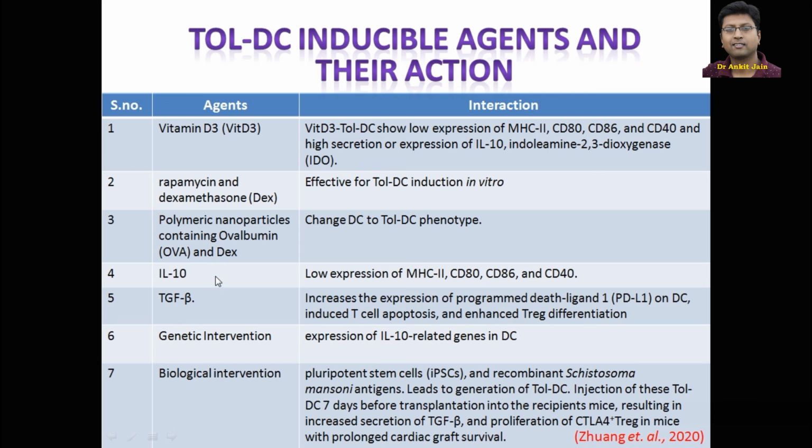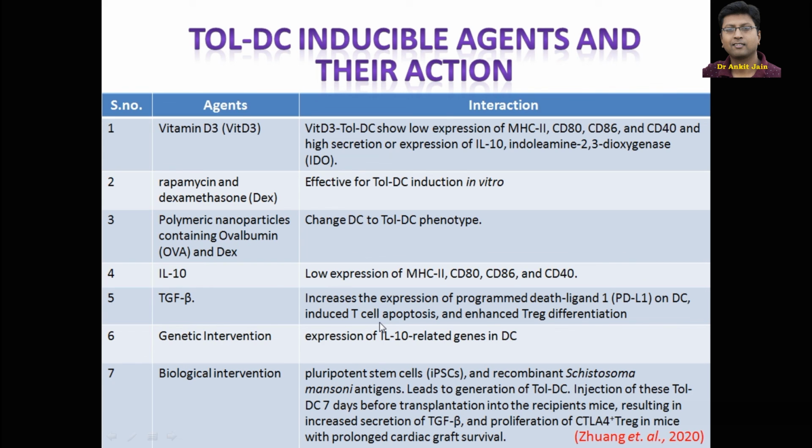Now these are two cytokines. With the help of these cytokines, interleukin 10 will lower the expression of MHC class II, CD80, CD86, and CD40 molecules, and transforming growth factor will increase the expression of programmed cell death ligand PDL1 on DC cells.